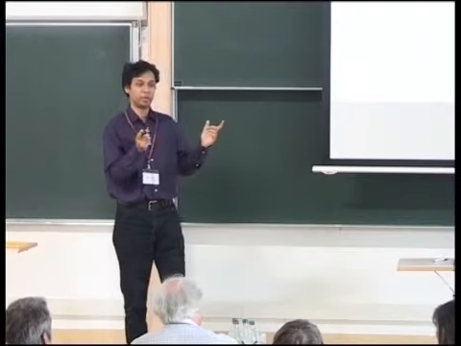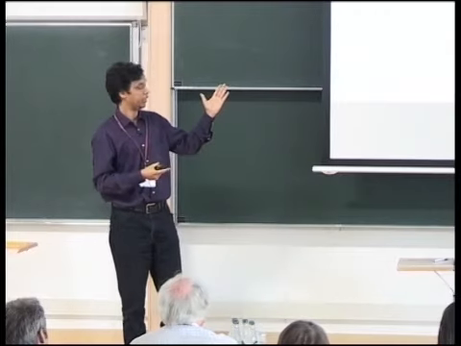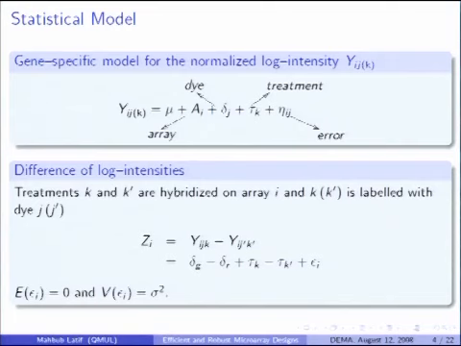That means between dye j and j prime, in other words between green and red dye. And z_i indicates the measure of gene expression from array i. If z_i is greater than 0, one can say that gene is more expressed in treatment k than in treatment k prime. And we assume the homoscedastic error.